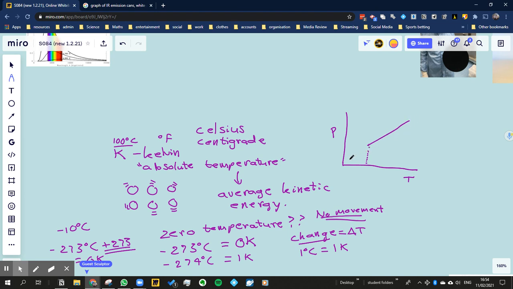And if you extrapolated it, which means draw the line backwards, we would see that it stops at this point, and that's only if the temperature is measured in Kelvin.